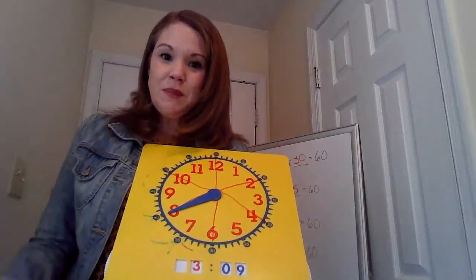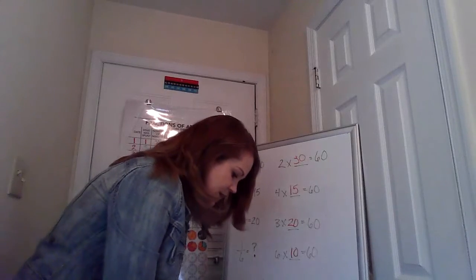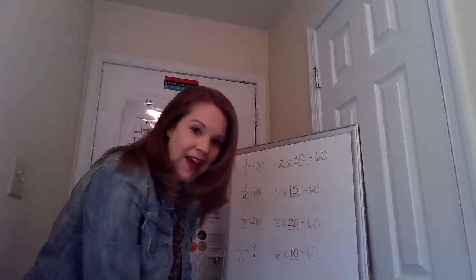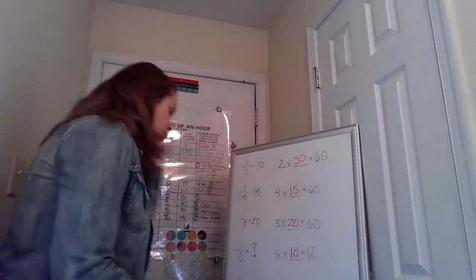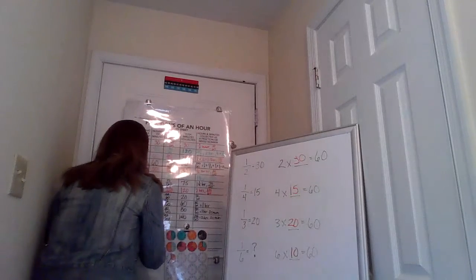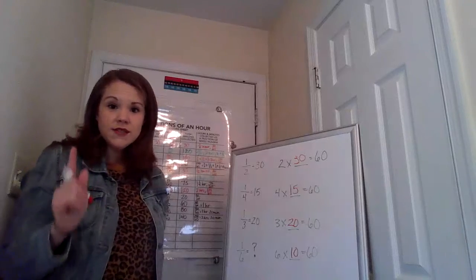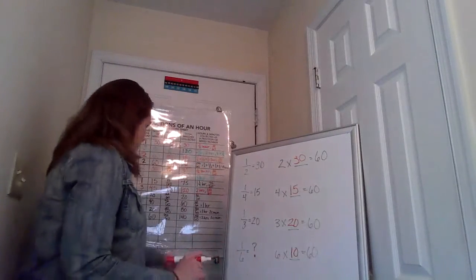So let's get our spinner and get started on our collection. All right, so for our first spin today, let's see what we get. I got a 1. All right, so if I add in 1 spin, that means 1/6, and I know that 1/6 is equal to 10 minutes.